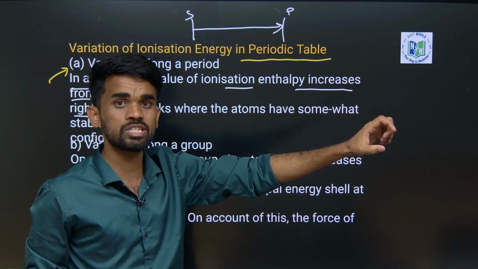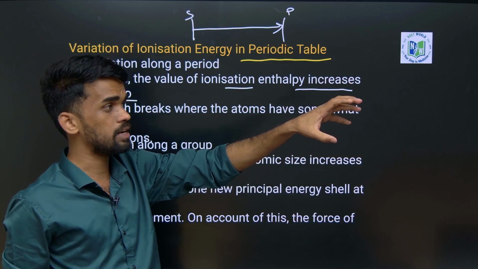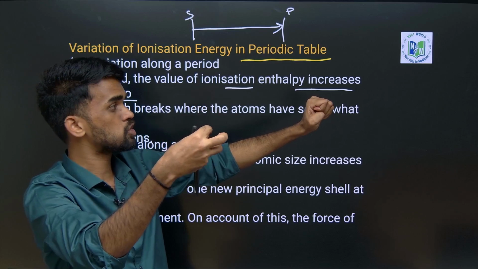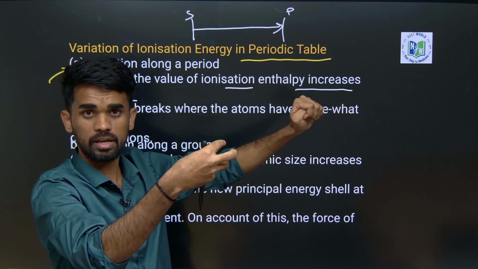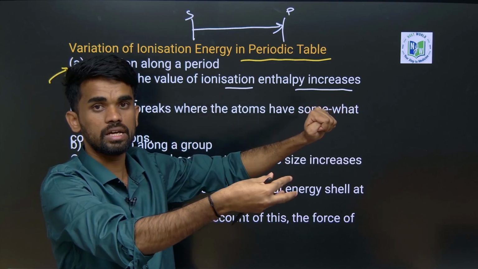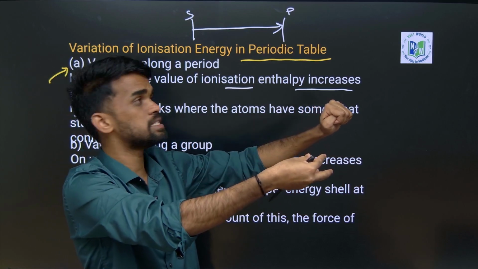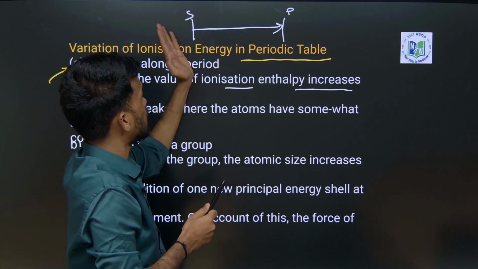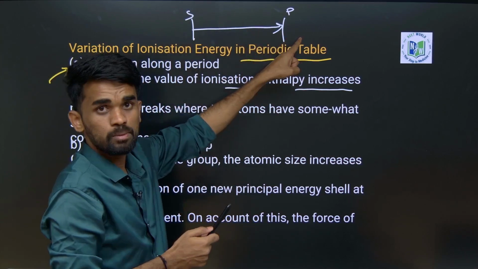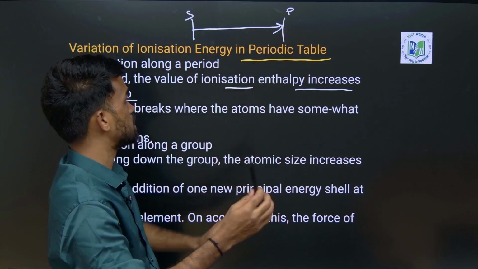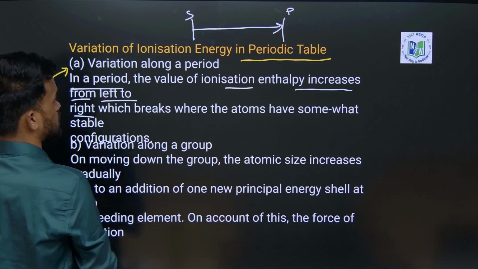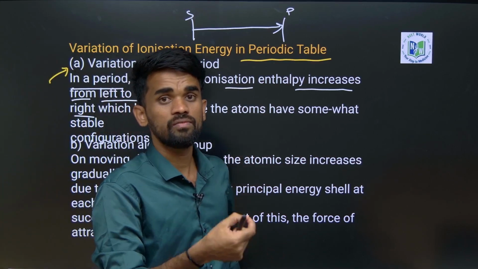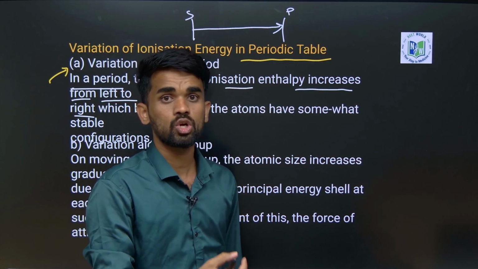Therefore, electrons are strongly held by the nucleus. In order to remove an electron which is strongly held by the nucleus, we require more energy. It means high ionization energy is required. Therefore, we can generalize that moving from left to right, or from S block to P block, ionization energy increases. Sometimes there might be some exceptions, whenever we see a stable electronic configuration.